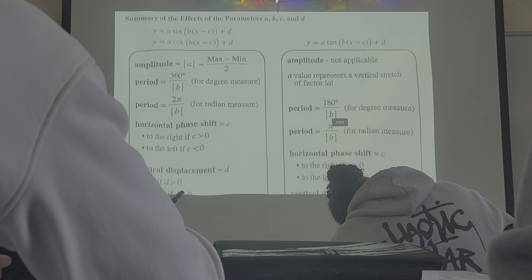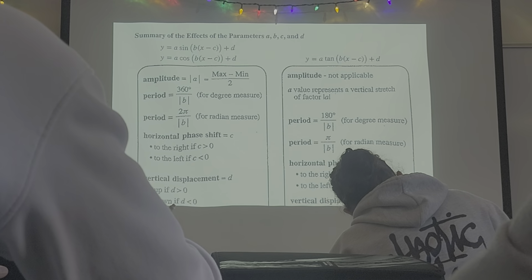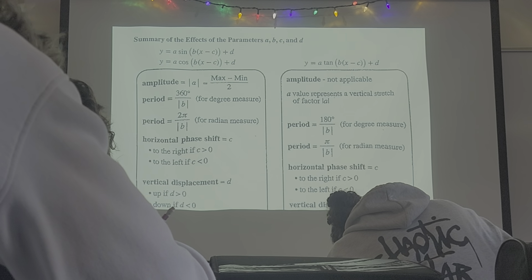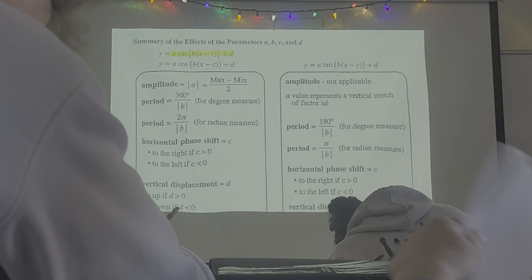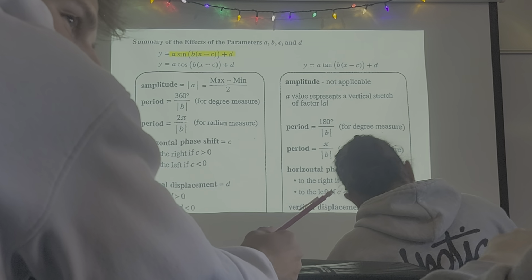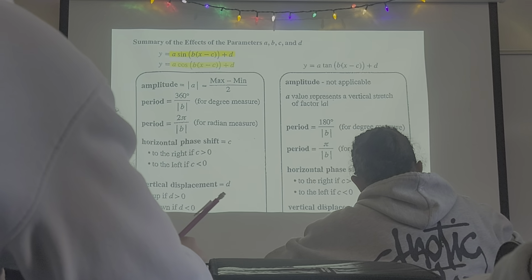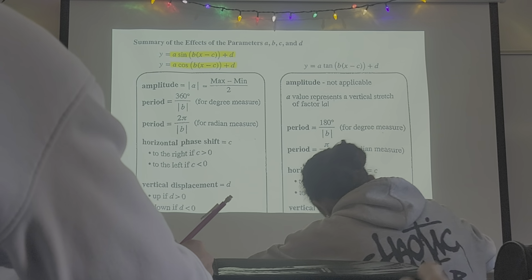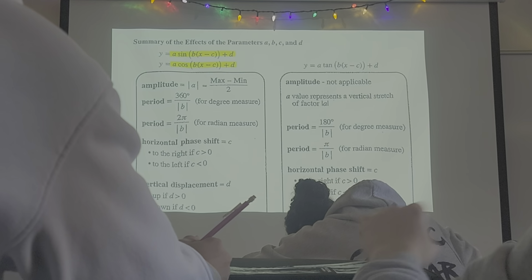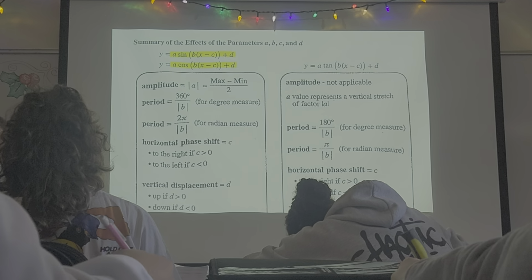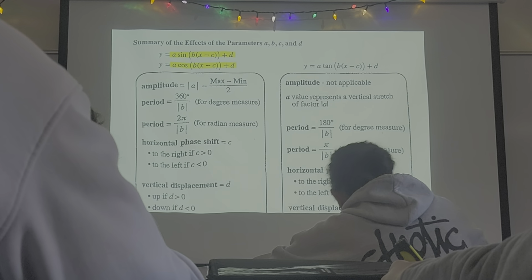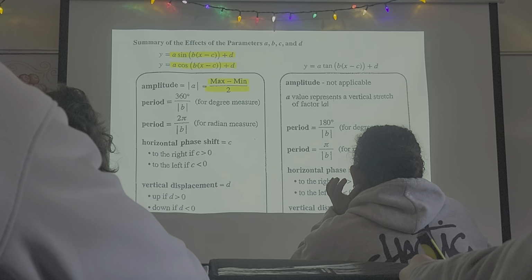So here's a summary of everything now with our full equation: A sine B times x minus C plus D. And the same goes for cosine. So sine and cosine follow the same pattern. The A value again is the amplitude, max minus min divided by 2.